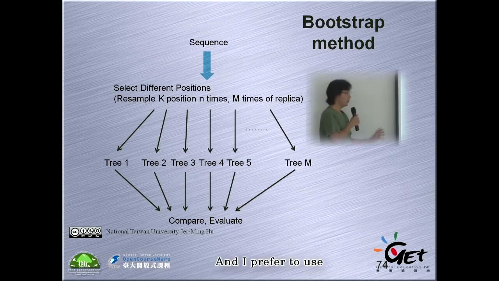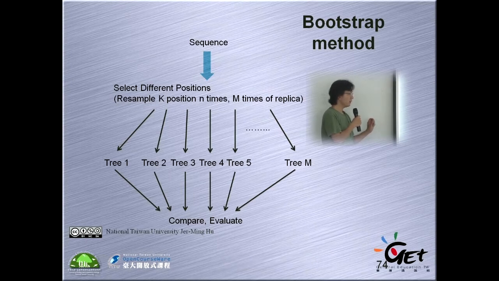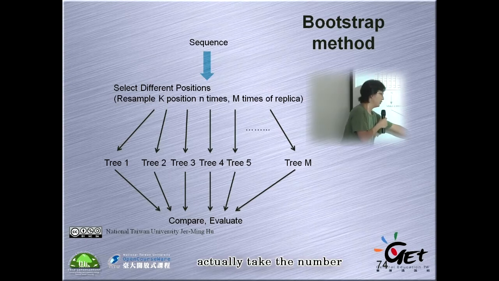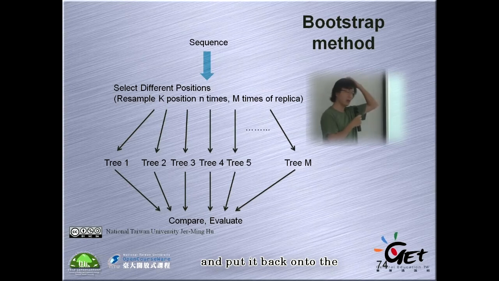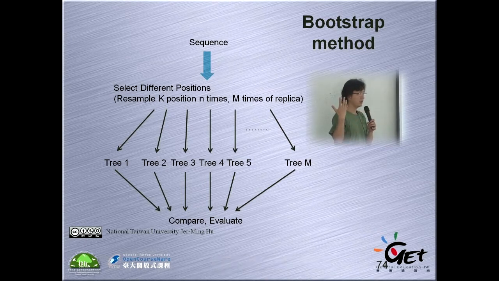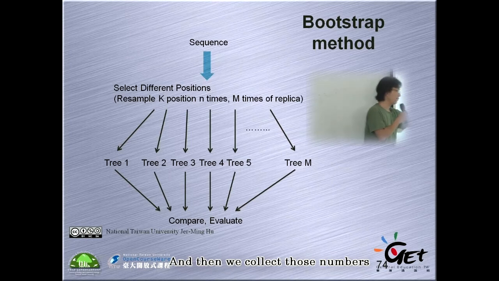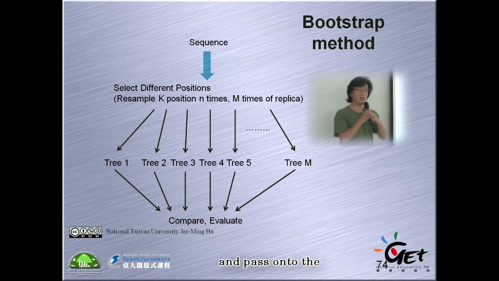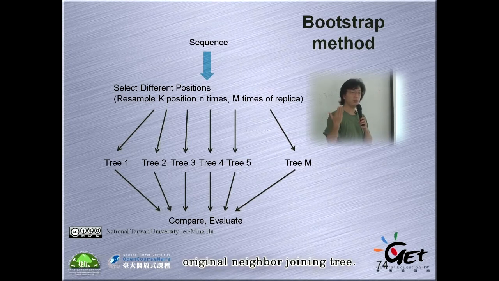And I prefer to use another way, which is to actually take the numbers and put them back onto the actual tree we got. For example, we got a neighbor joining tree, and then we collect those numbers and pass them onto the original neighbor joining tree, because that is the tree actually from the original data set.